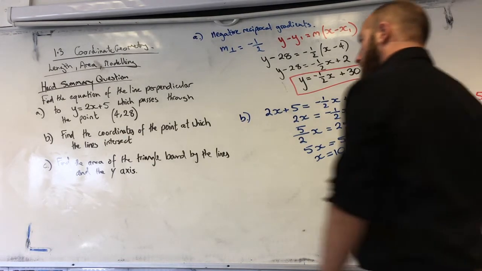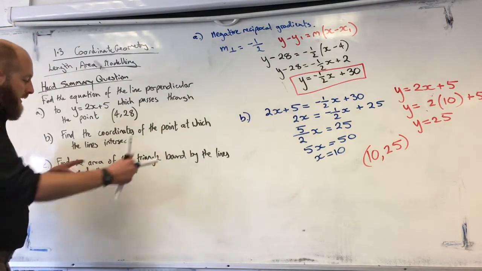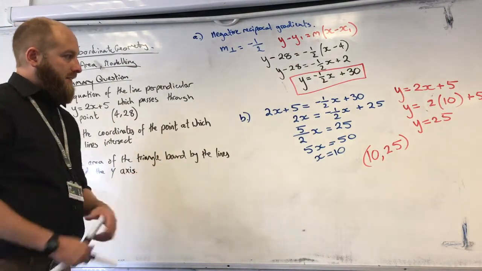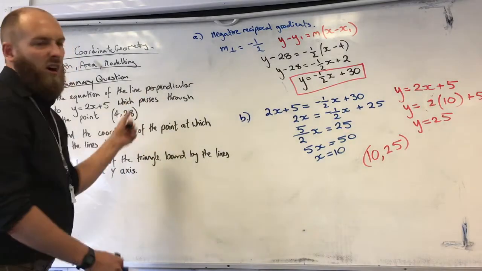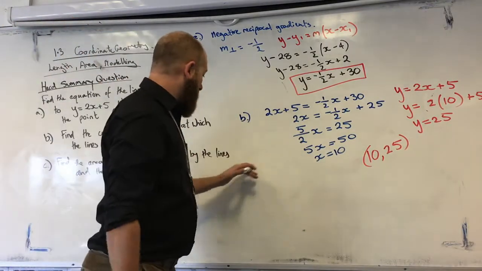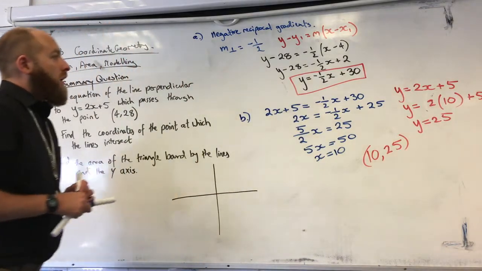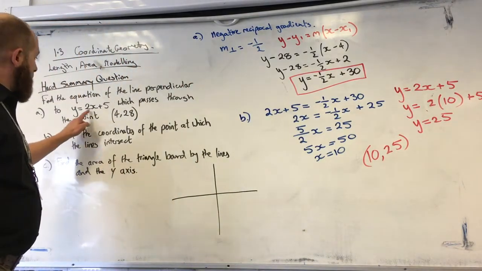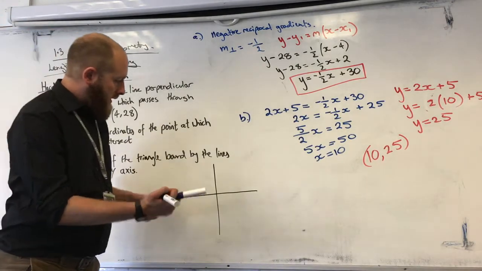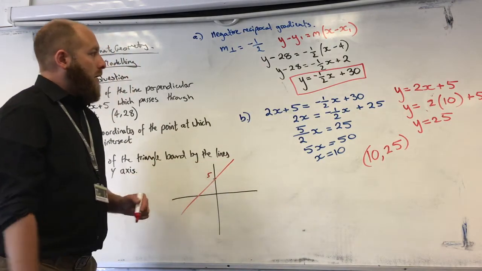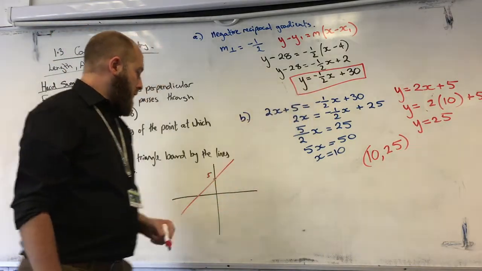Okay, last bit then. Find the area of the triangle bound by those two lines and the y-axis. In order to do this, it's going to help if we can roughly sketch our two line equations. So we've got 2x plus 5, so that's a positive gradient going through 5. And we've got a negative gradient going through 30.